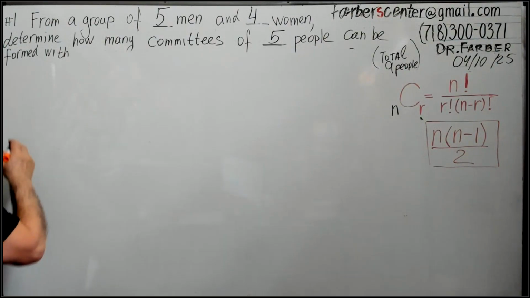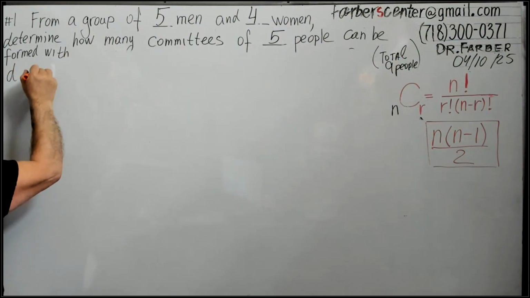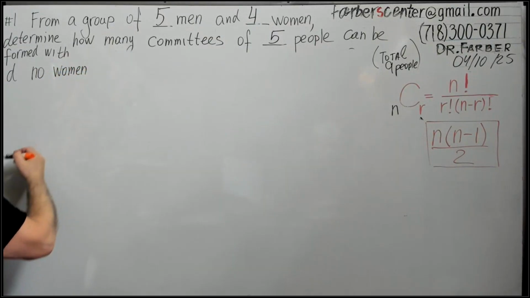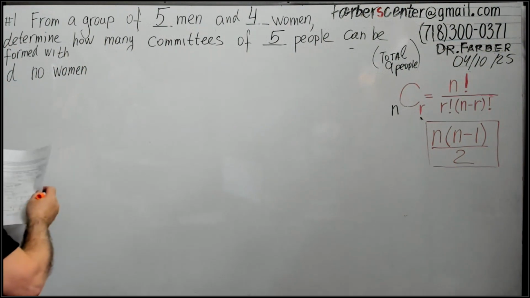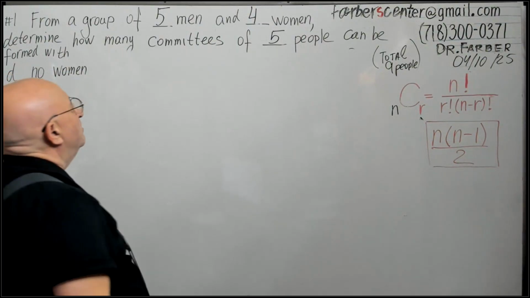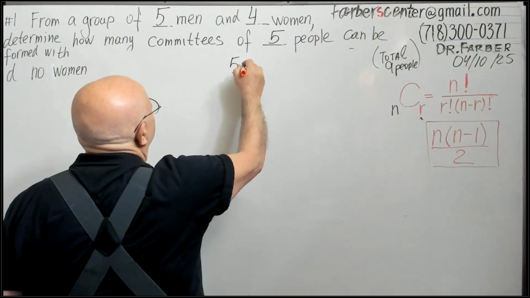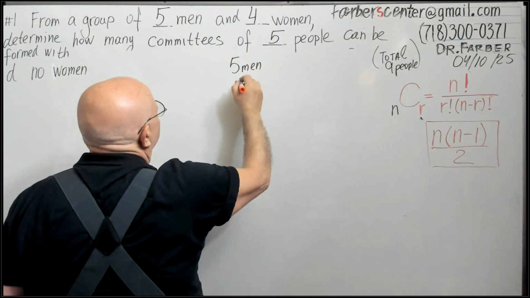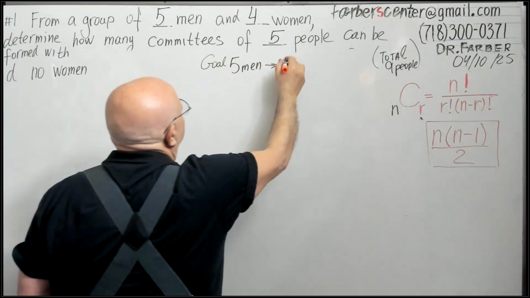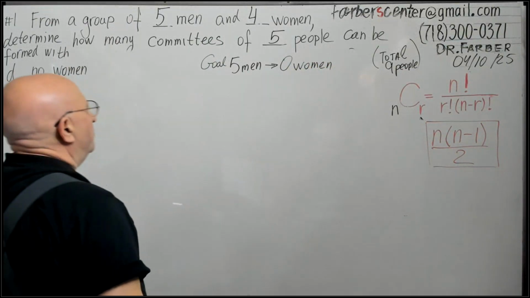No women, D. What is no women? It means we're supposed to have only 5 men. If you have 5 men, from this group we have 0 women. That's my goal. Definitely you can do a formal way like we did before.